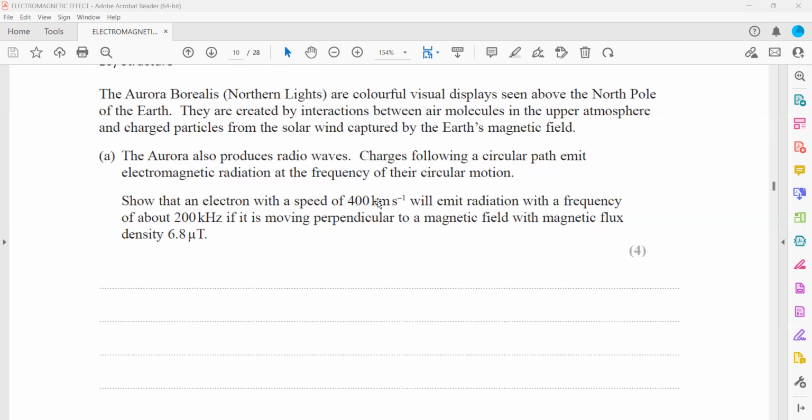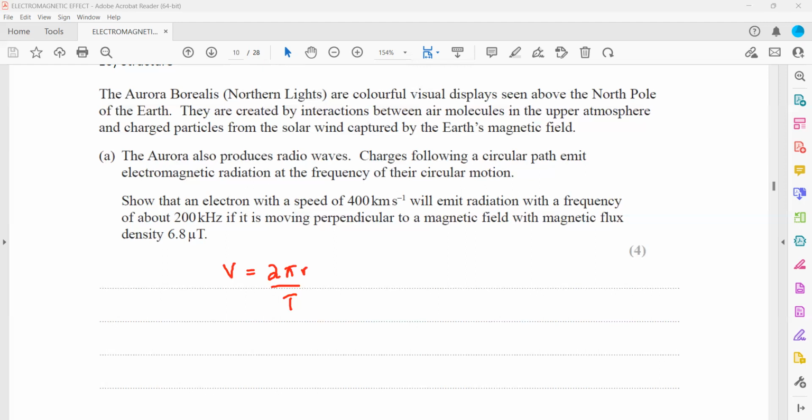So moving in a circular path, when an object rotates or moves in a circular path, the speed is distance divided by time. But when an object is moving in a circular path, distance is 2 pi r and time is t. For one complete rotation or revolution, the time is known as the time period.